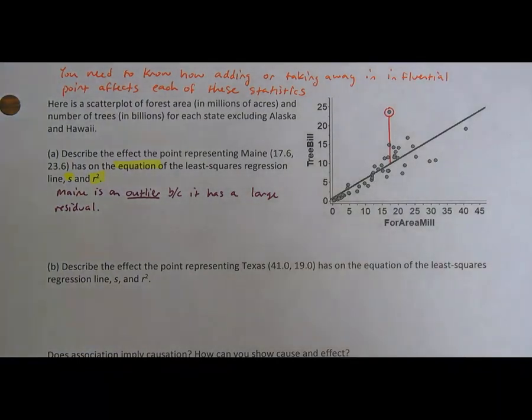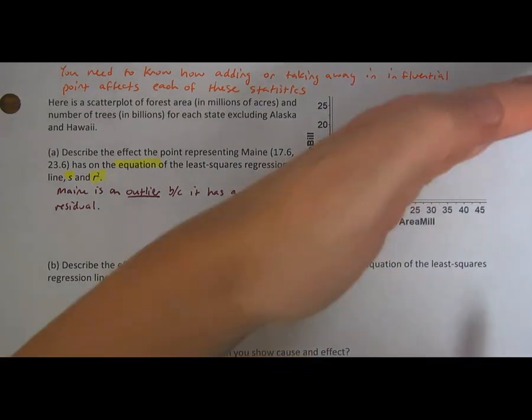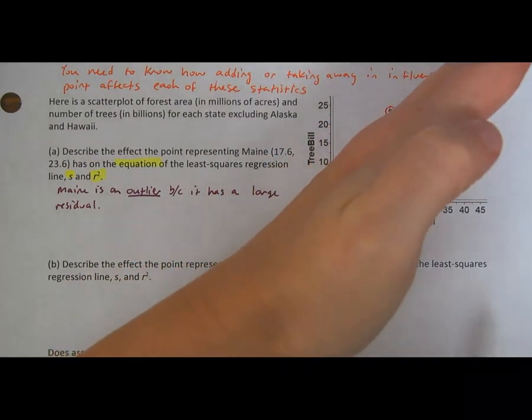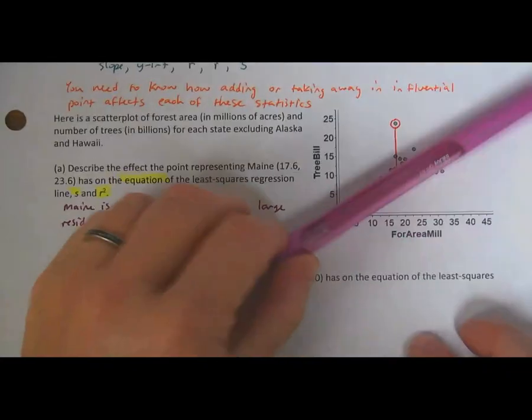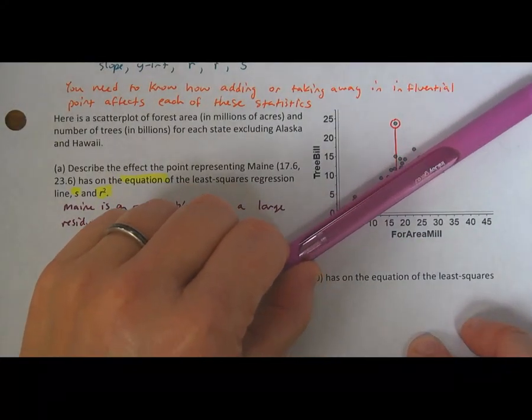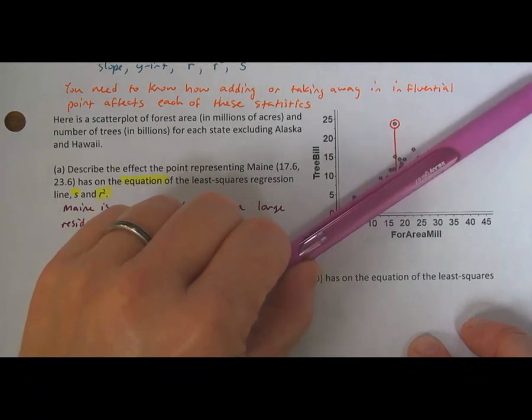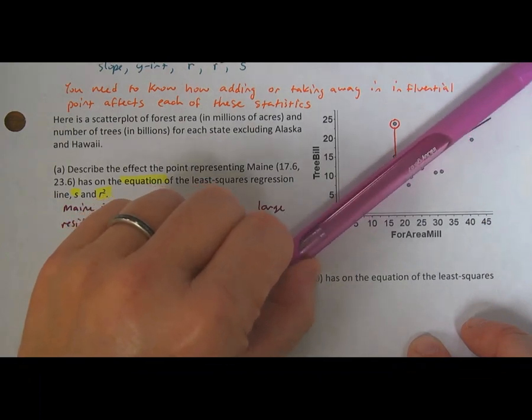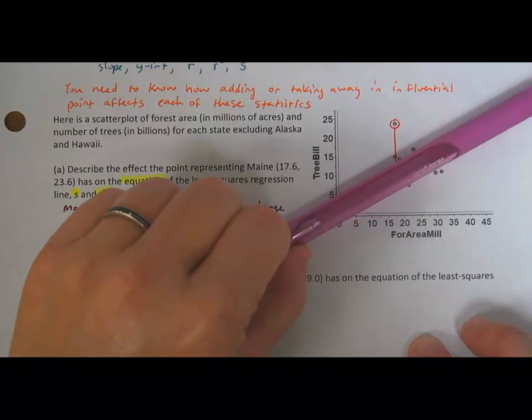So what do you think about the slope and the y-intercept? If I were to take Maine away, what would happen to the slope and y-intercept? I kind of feel like Maine might be pulling the slope and the y-intercept this way a little bit. So if I took Maine away, I think the slope could potentially decrease slightly, and maybe the y-intercept would increase slightly.